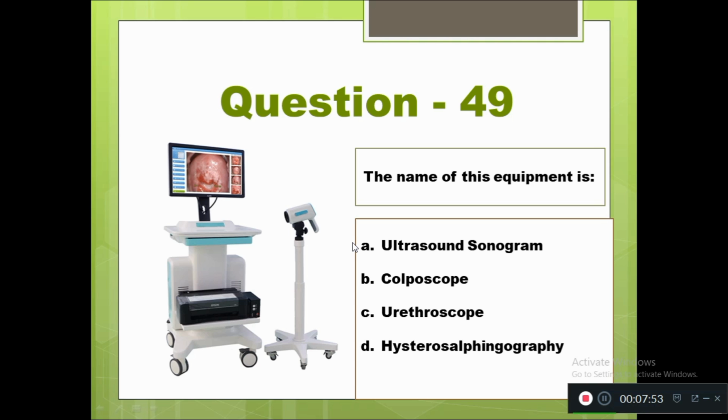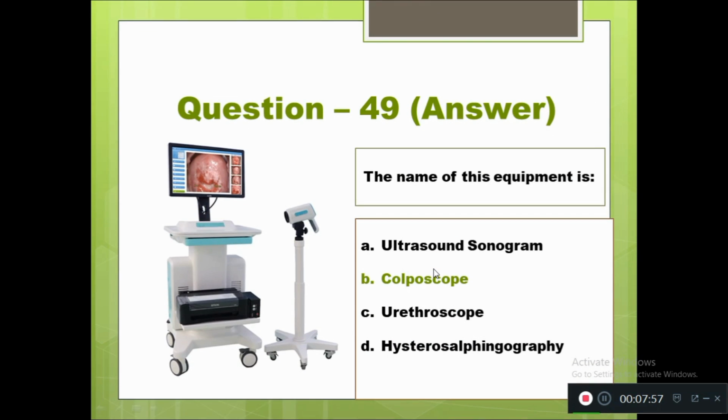Which instrument is it? It is a colposcope, and the procedure, known as colposcopy, is used to closely examine your cervix, vagina and vulva for any signs of disease.